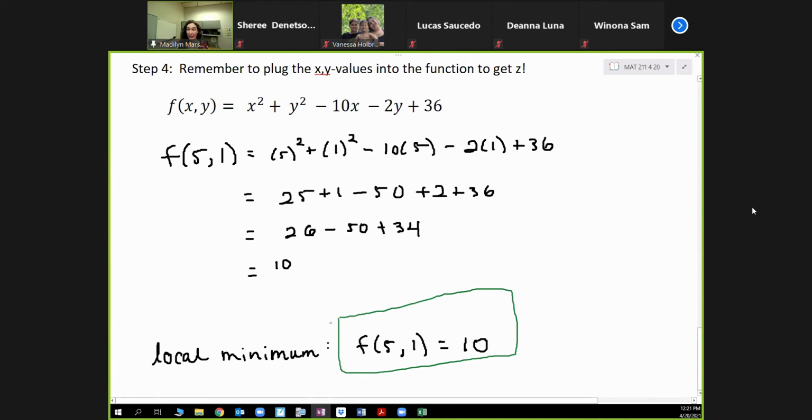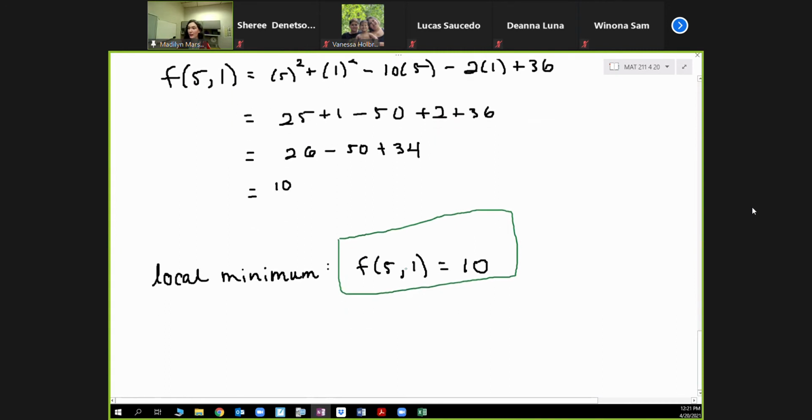So we have this local minimum. It is when X and Y are 5 and 1 respectively, and Z will be 10. So that means what we were talking about before, the 5, 1, 10 is a point on the graph.